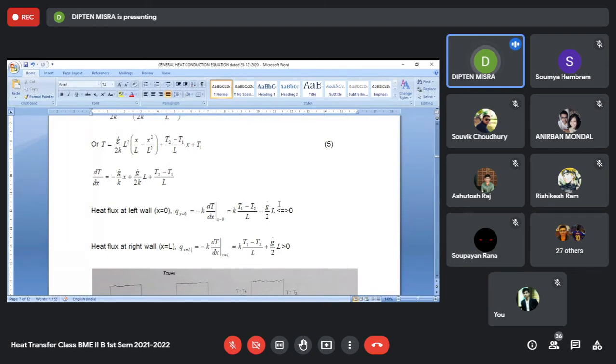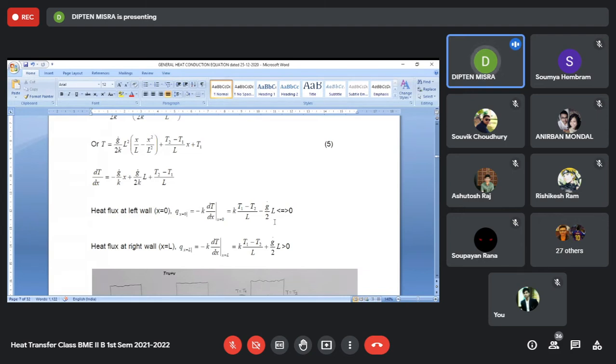So the total rate of heat transfer over the entire surface area of the wall will be simply the heat flux multiplied by the area. If it were a function of y and z, then you would have to integrate that heat flux. But because here the heat flux is constant, even if you integrate, that constant will come out of the integral. It becomes the integral of q dA.